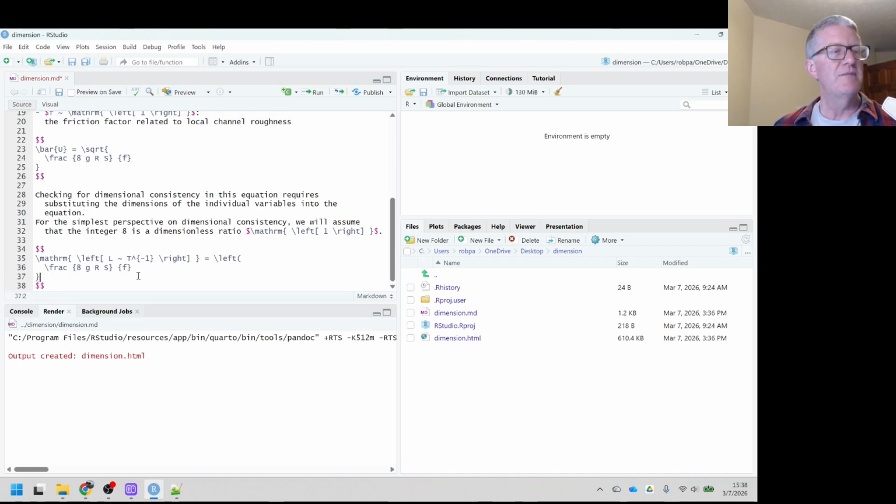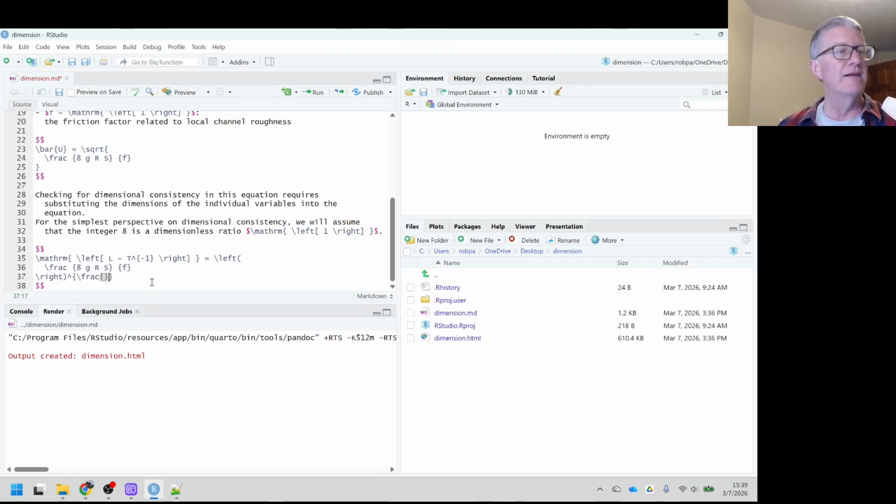And I need a close parentheses where I previously had the closing curly bracket for the square root. And that's the right parentheses or the closed parentheses. And then this whole thing is going to be raised to the 1/2 power. Now 1/2 is a fraction. So I'm going to raise this, and in the curly brackets for my exponent, I'm going to put a fraction.